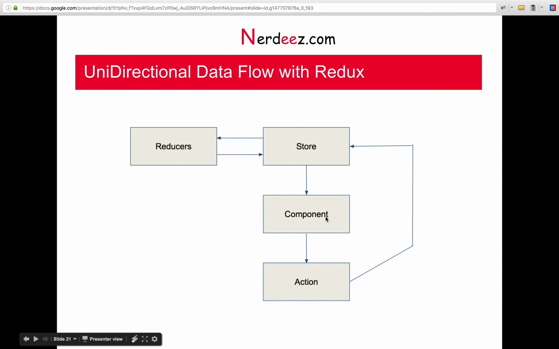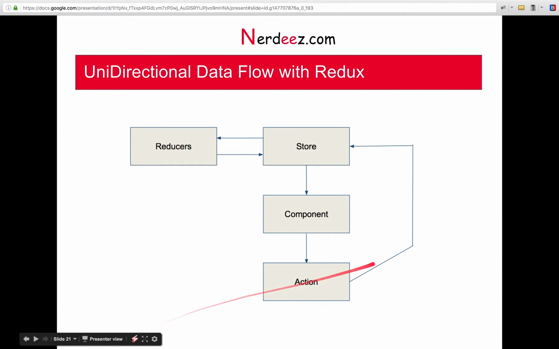Let's talk about Redux, how it works, and about the unidirectional data flow. To understand how Redux works, it's best shown with a diagram. Redux, similar to Flux, works in a unidirectional data flow. What that means is we have components in our app. The components can trigger actions.